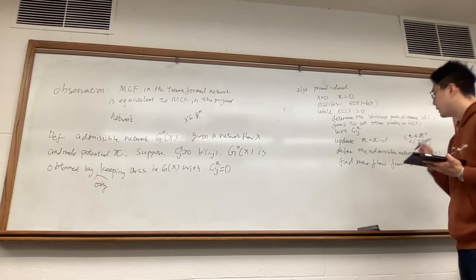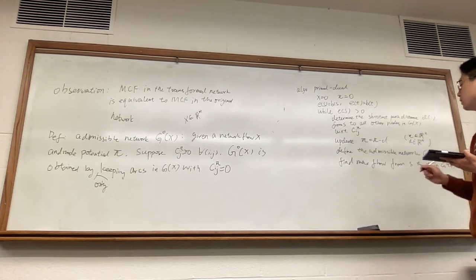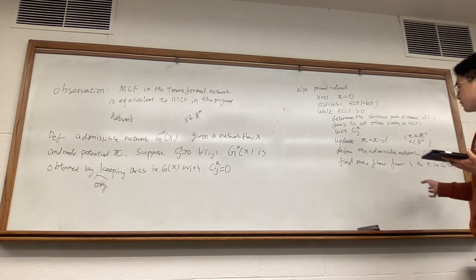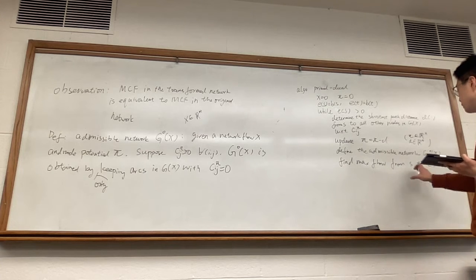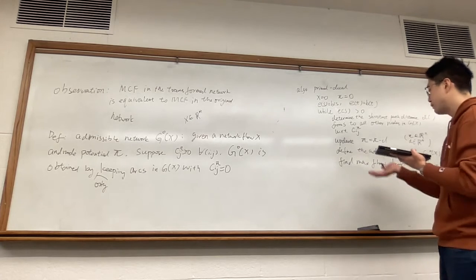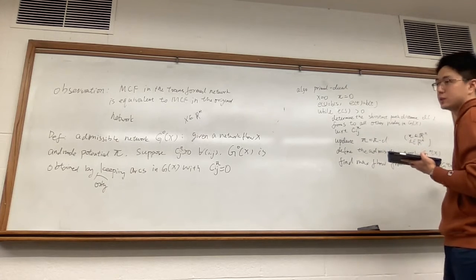So after we define the admissible network G0x, we find the max flow from S to T. We use the max flow algorithm to find the max flow from S to T in G0x. And suppose now we have already found the max flow from S to T in G0x.